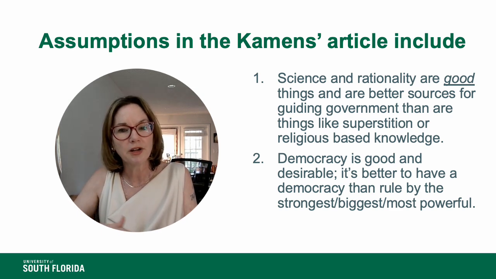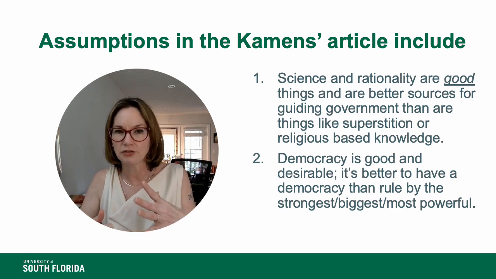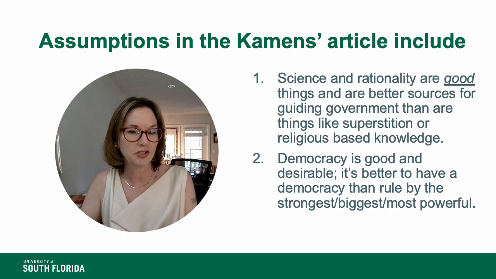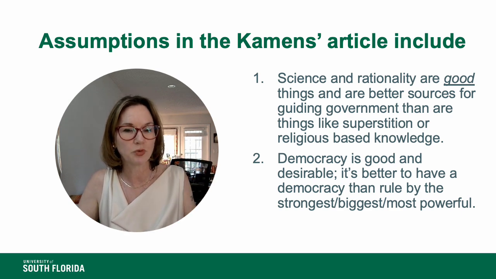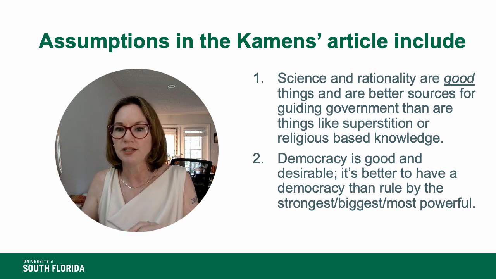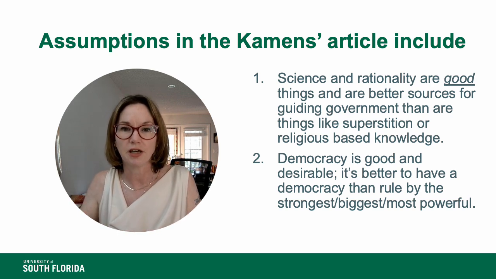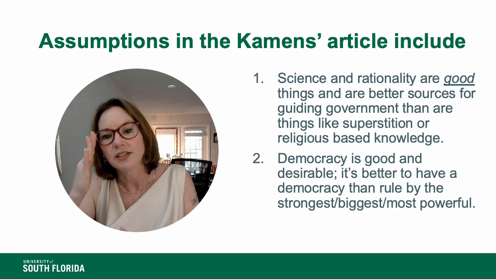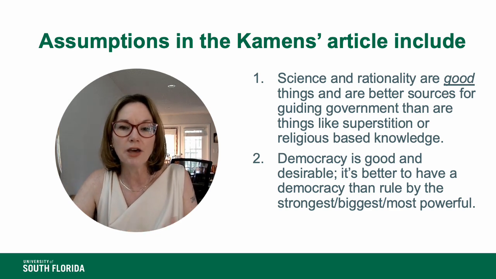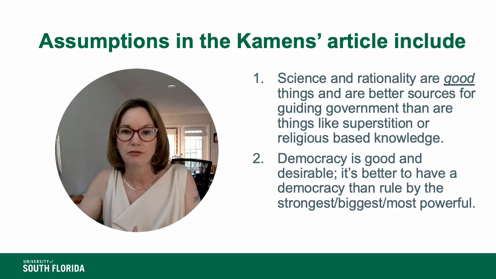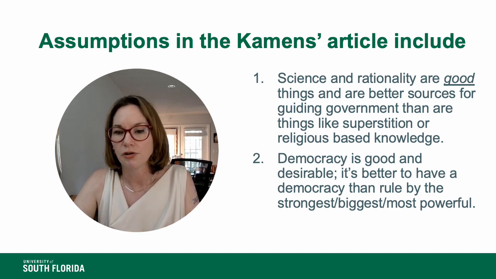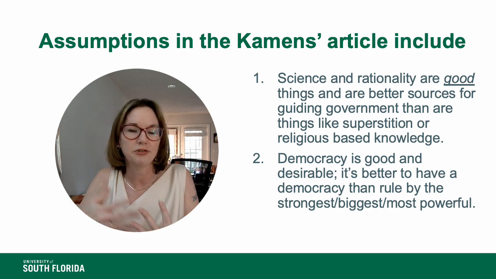Okay, so remember how I said there's 2 ways to disagree with an argument. 1 is by challenging one or more of the propositions and/or the logical connection between those propositions, and 2 is by challenging the assumptions of the article. So if you wanted to disagree with this article, you could argue that other forms of knowledge might be better, more effective for building governments off of, or that autocracies are more stable.